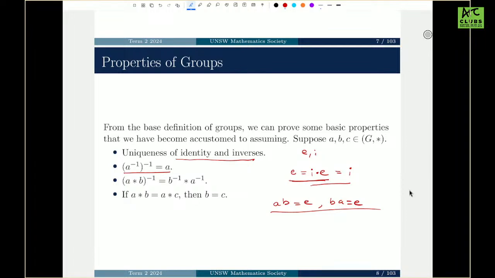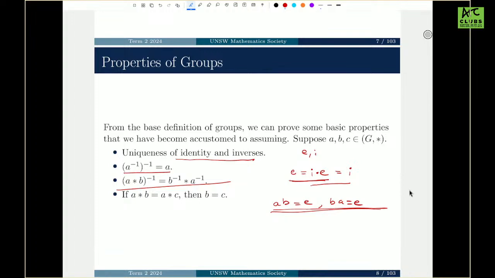The order of A and B doesn't matter, so they end up being each other's inverses. Because what B has to satisfy to be A's inverse is the same as what A has to satisfy to be B's inverse.